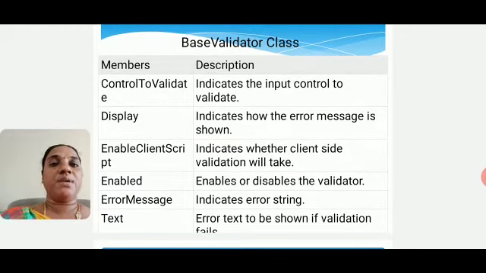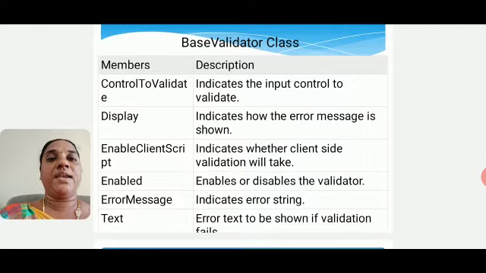While using a validation control, we have to specify which control we want to validate. That will be given by the member ControlToValidate. So we have to specify the name of the control which we are going to validate. Display will specify whether to display the error message or not. EnableClientScript will specify whether client-side scripting is needed for validation, that is, whether at the client side we need the validation or not.